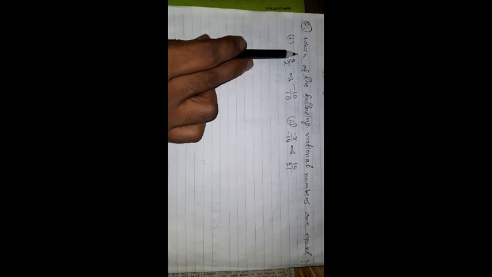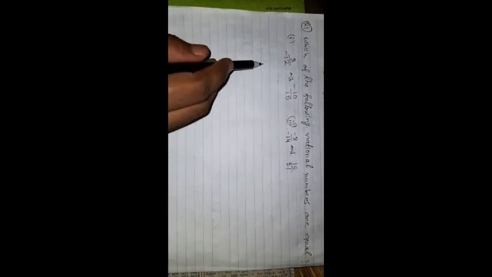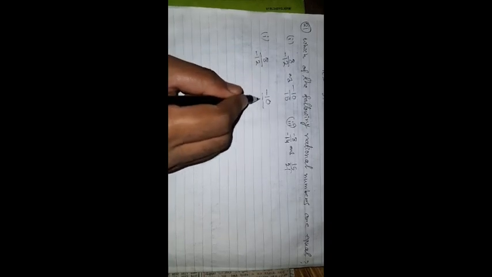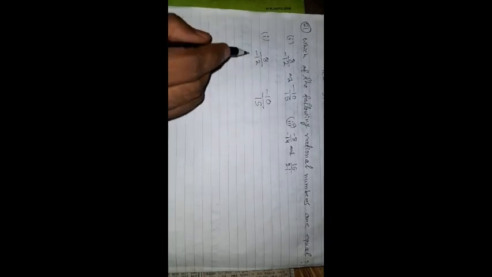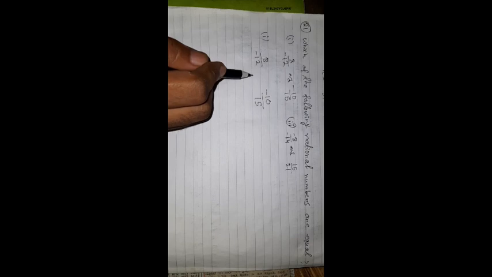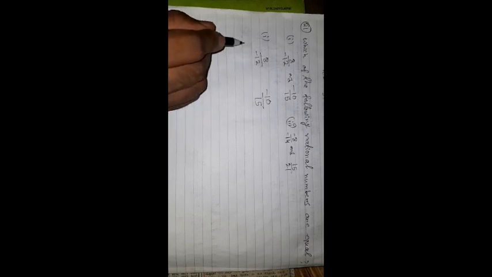Question number 21. Which of the following rational numbers are equal? When we check whether the given rational numbers are equal or not, first we convert both the rational numbers into positive denominator.